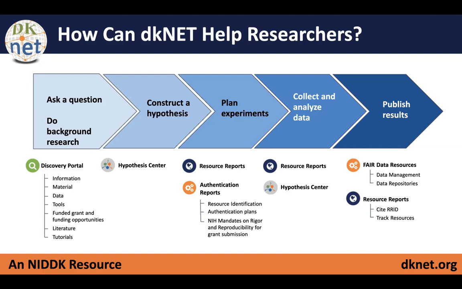And then for NIH's Rigor and Reproducibility mandates for grant proposals, we can use that same information to help provide authentication reports, which assist researchers in terms of what validation methods they should provide. When you're collecting and analyzing data, again, the resource reports might come in useful in terms of finding additional software tools related to some tools that you're already using in the lab, as an example.